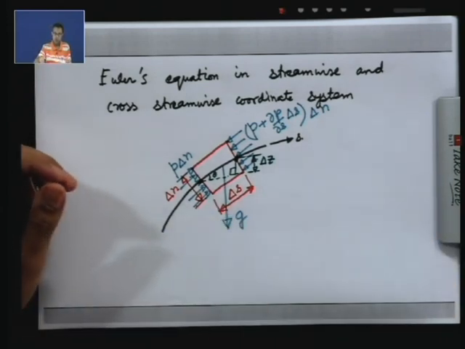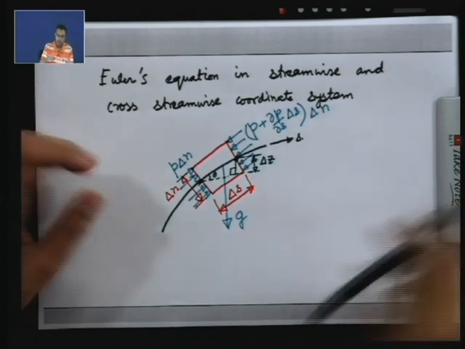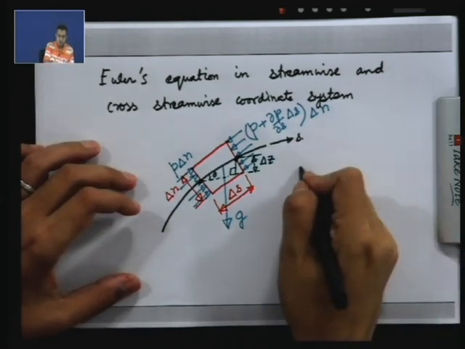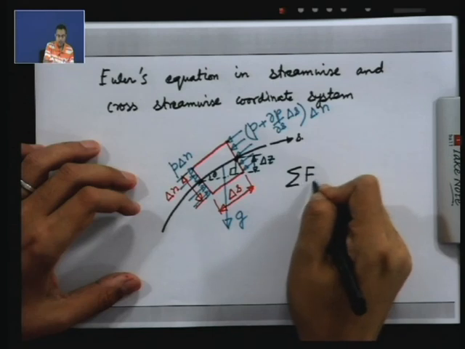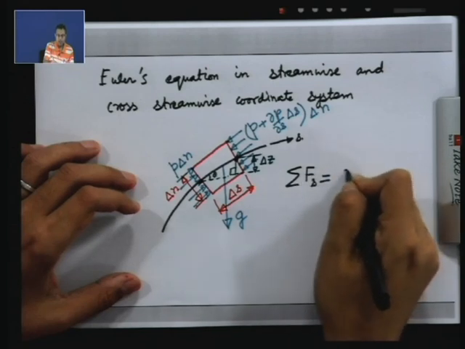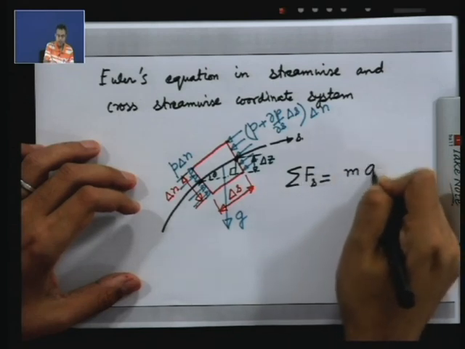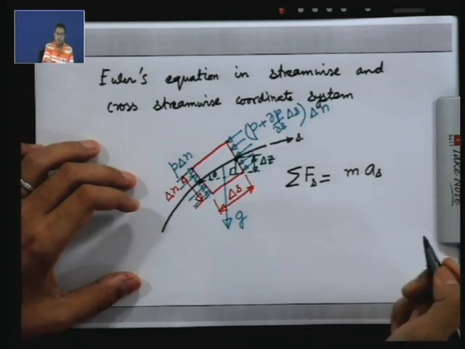So, let us write the equation of motion, again Newton's second law. Resultant force along S is equal to mass of the fluid element times acceleration along S. What is the resultant force along S?